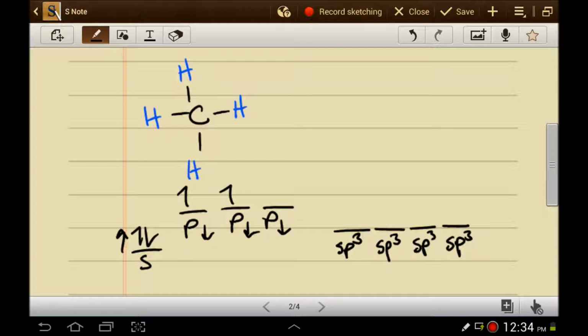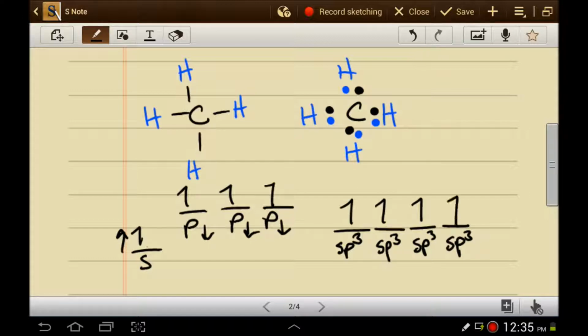In order to create 4 equal energy bonds with the 4 hydrogens, the carbon needs to remove an electron from the s orbital and promote it to the p orbital so that it can have 4 equal energy electrons in the sp3 orbitals.